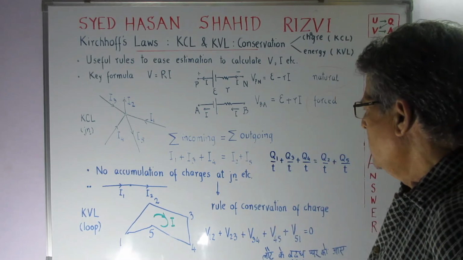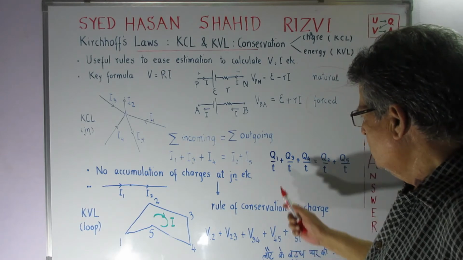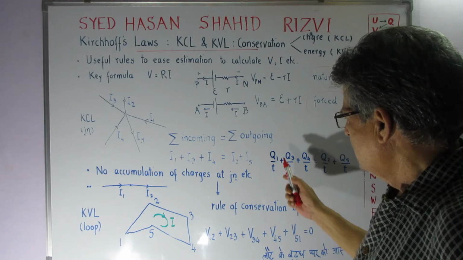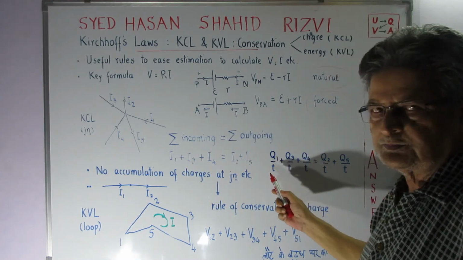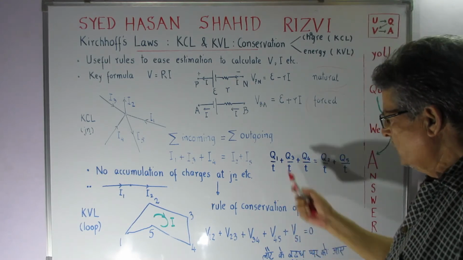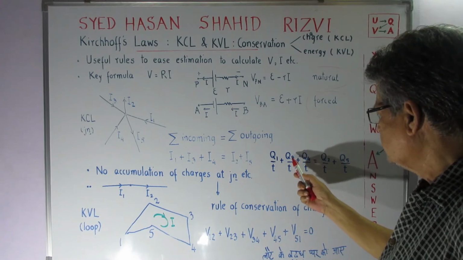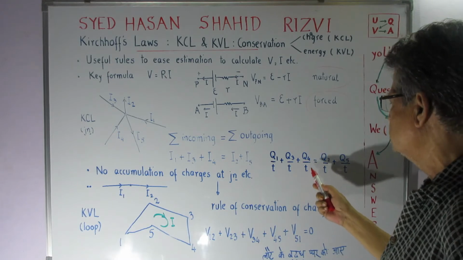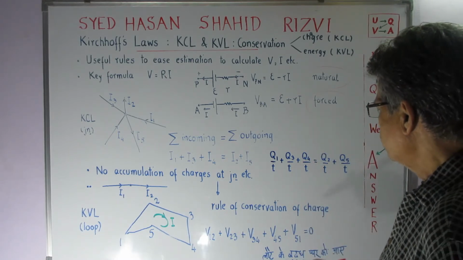Okay. And if we look at a given time t, so for I1 there is a charge Q1 which is going into the junction. For I3 there is a charge Q3 which is going into the junction, and for I4 there is a charge Q4 which is going into the junction. Okay.